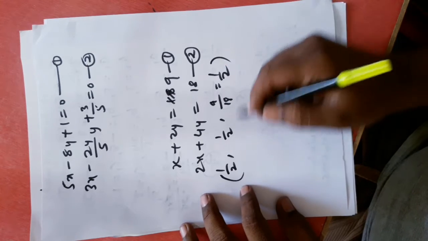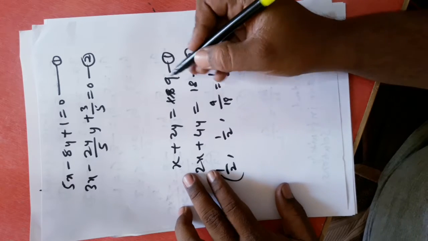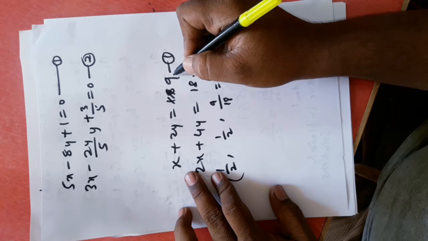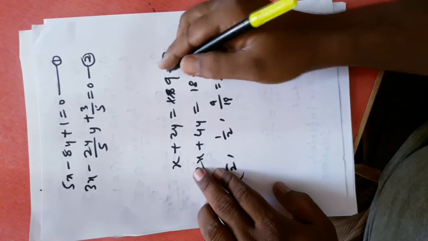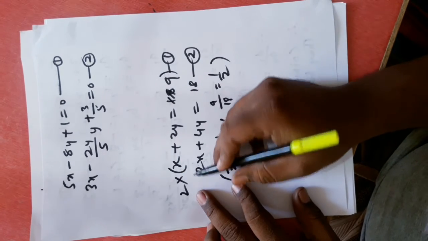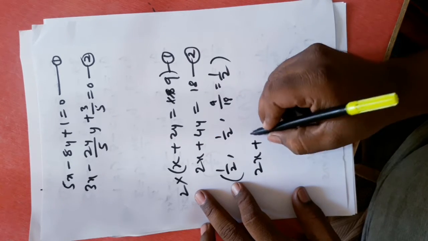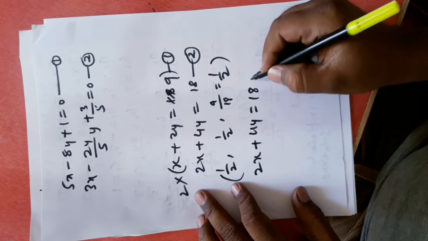These lines are coincident lines. Coincident lines, how will they be? Suppose you have equation 1, x plus 2y is equal to 9. If you multiply equation 1 by 2, then we'll get 2x plus 4y is equal to 2 into 9, which is 18.